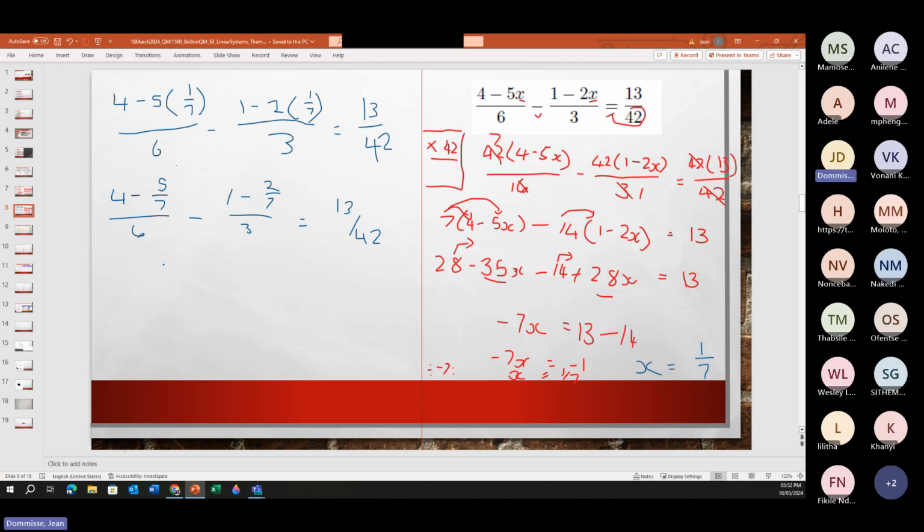But let's quickly see if there's any easy way to do this. Otherwise, it is 3 and 2/7. On this side, 5/7.